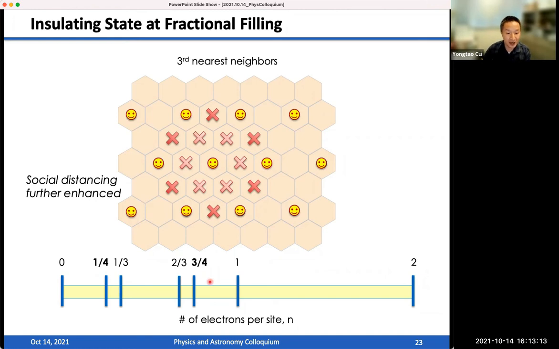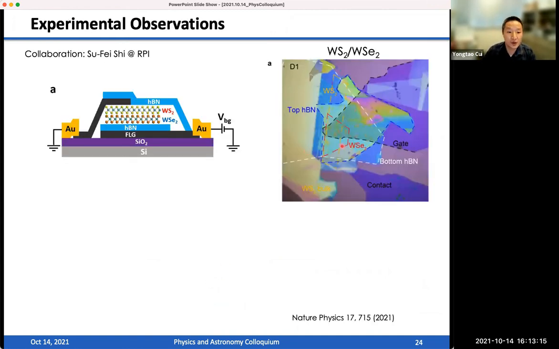Okay, so now let's look at our measurement. This work is a collaboration with Sufei Shi at RPI. Their group makes this kind of complex device structure of WS2 and WSe2. You can see there's a piece of WS2 and also the right piece of WSe2. From their shape, you can tell that they're aligned pretty close to a 0-degree alignment.